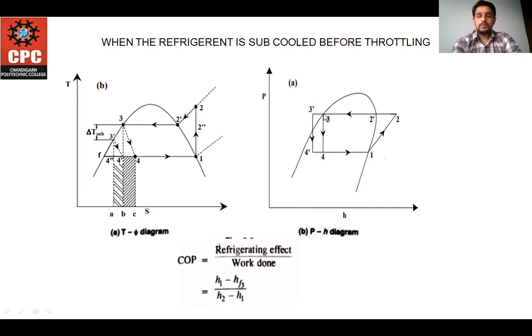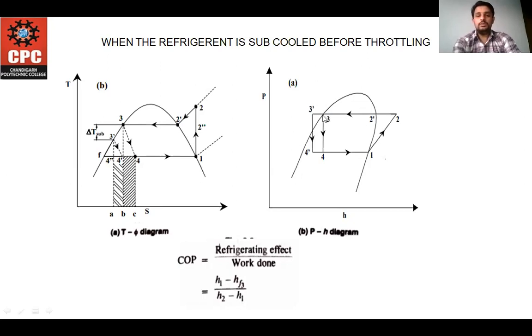If we are providing subcooled refrigerant to the expansion valve, then this point 3 will drift towards the left of this diagram, because this is the saturated liquid line, and before the saturated liquid line there is a space which is called the subcooled region.